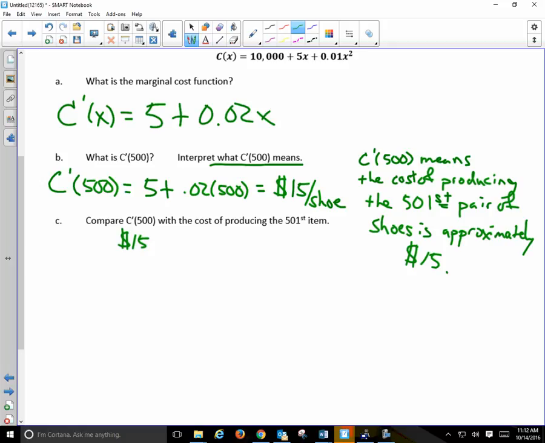In order to figure out how much it cost me to produce that 501st item, I'm going to figure out the cost of producing 501 items and subtract the cost of producing 500 items. That will tell me how much it costs to produce that 501st one.